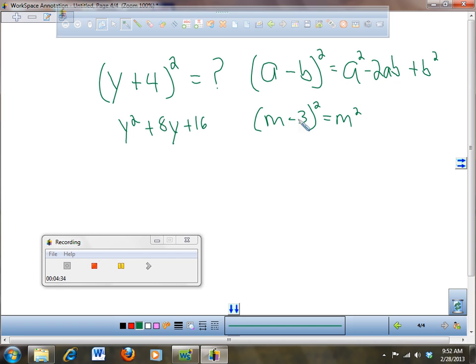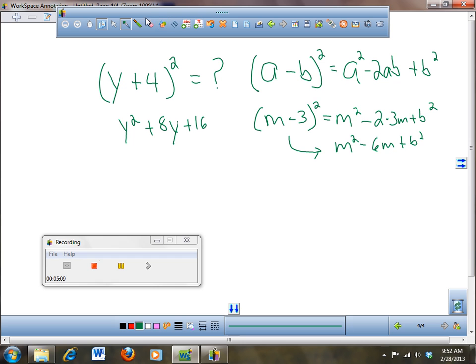You square the first term. You multiply this times this, except there's a minus sign, and you times it by 2. So it's minus 2 times 3m plus negative 3 squared. So this is b, which turns out to be b squared. Then you simplify that, or you could just do it in your head, minus 6m. So you could jump right to there, like that. Okay? All right, so that's that.